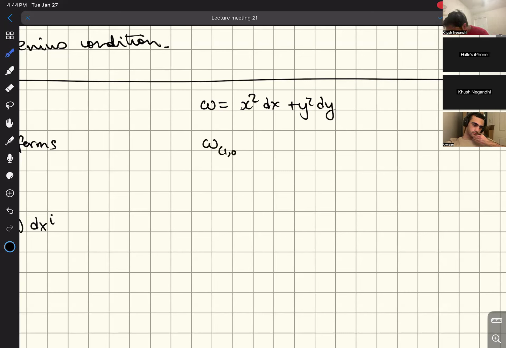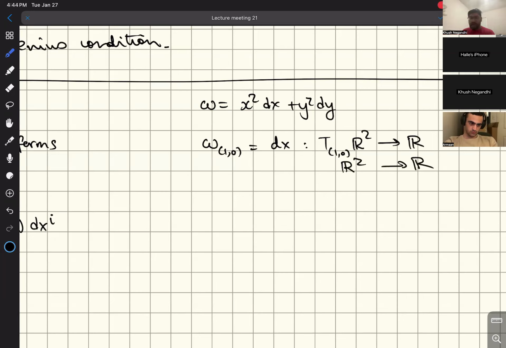This would correspond to the one form dx, because if I evaluate x squared at (1, 0), I get 1, and y squared at (1, 0) gives 0. Now this is a function from T_(1,0) R^2 into R, in other words from R^2 into R, and it corresponds to taking the projection in the first coordinate.